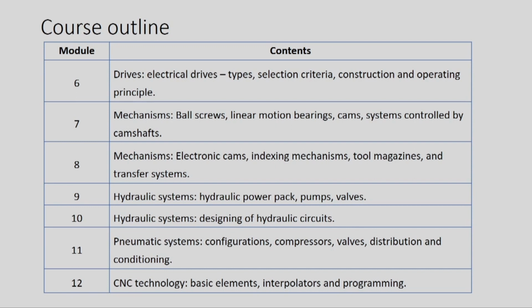In the next module, the ball screws, linear motion bearings, cams and systems, basically the mechanical systems will be studied. In the 8th module, electronic cams, indexing mechanisms, tool magazines and transfer systems will be studied.